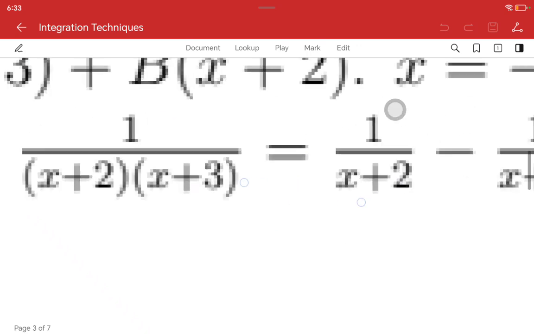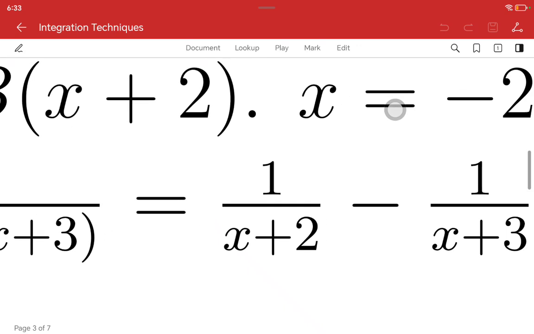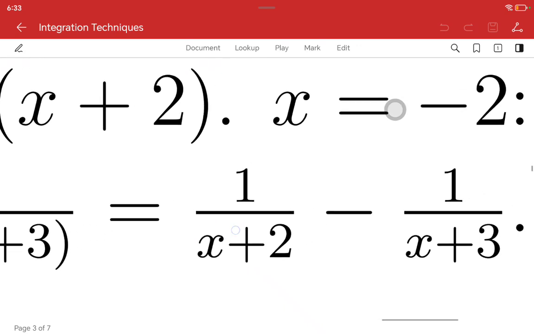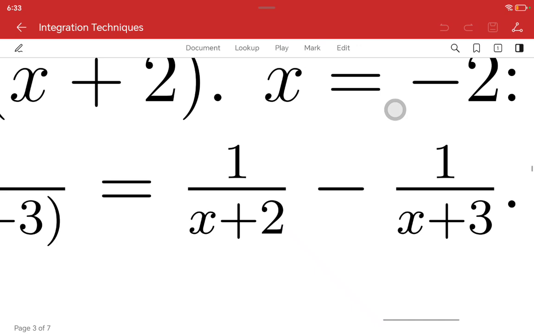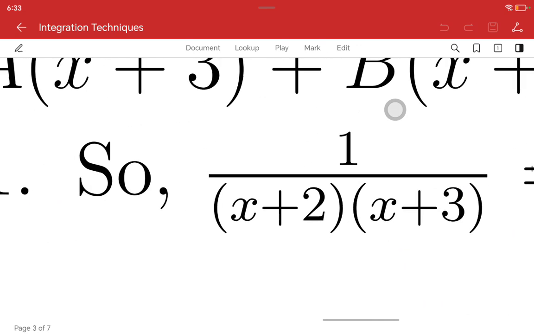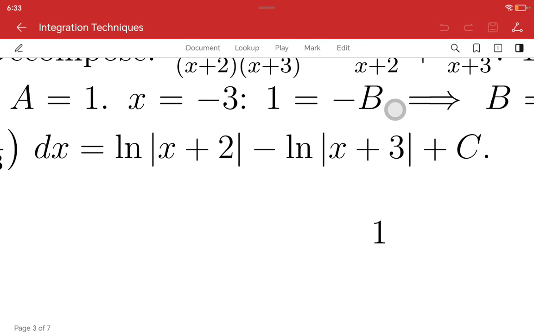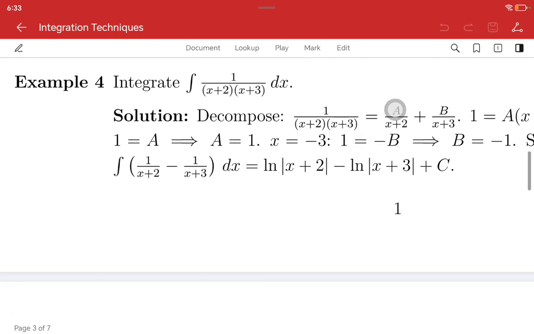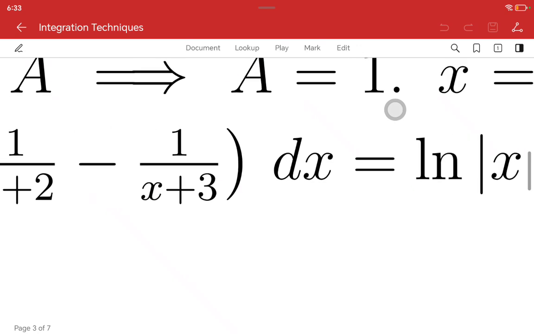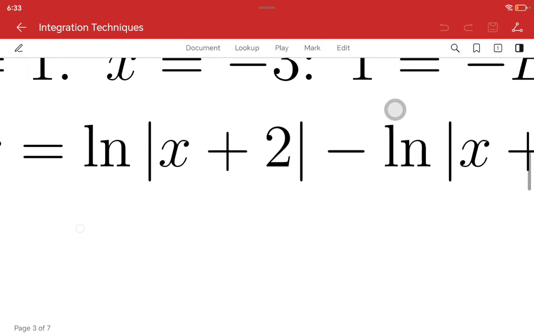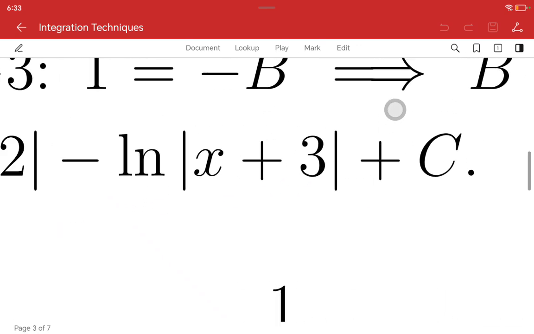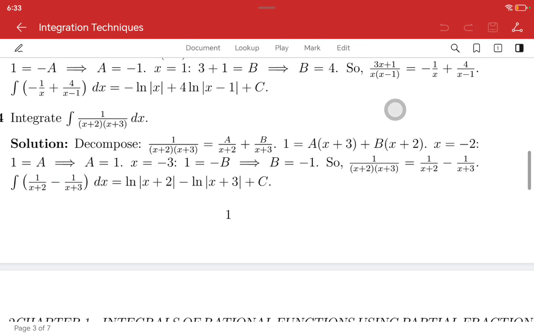I said that if you just check the denominator, if you derive the denominator and you get 1 after deriving it, it means that you can just write ln of that. And then also if you derive this denominator and you get 1, it means that you can just write ln of this.